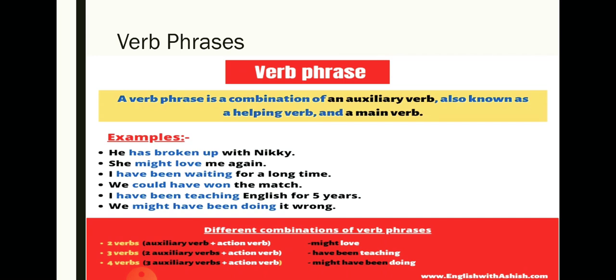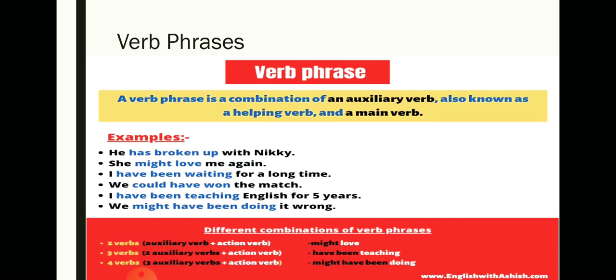So a verb phrase is a combination of all this, and if a sentence has a main verb, auxiliary verb, and helping verb, those verbs together we call a verb phrase. It doesn't have only a main verb in a sentence; it may have phrasal verbs, auxiliary verbs, and other kinds of helping verbs.